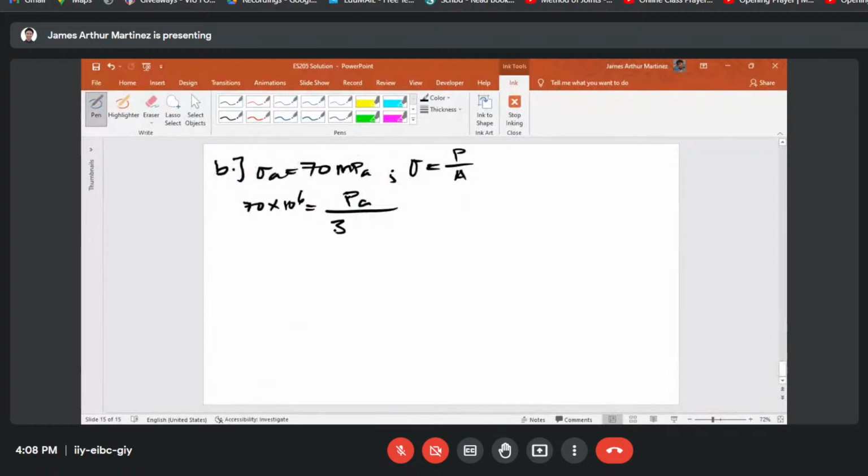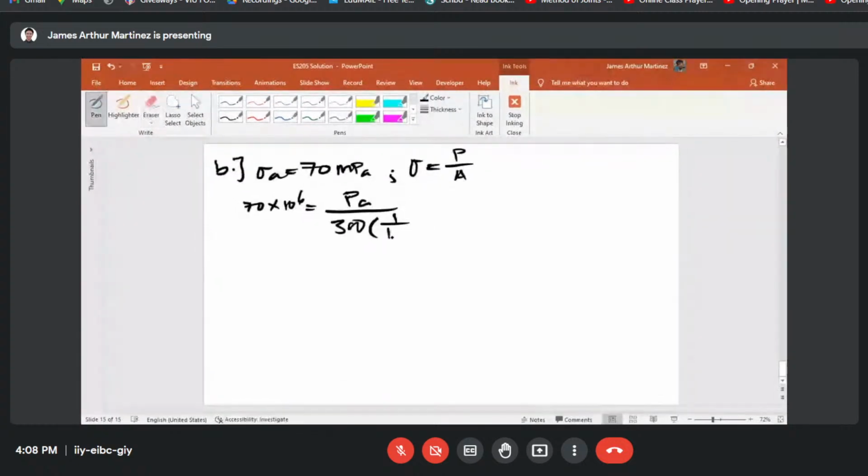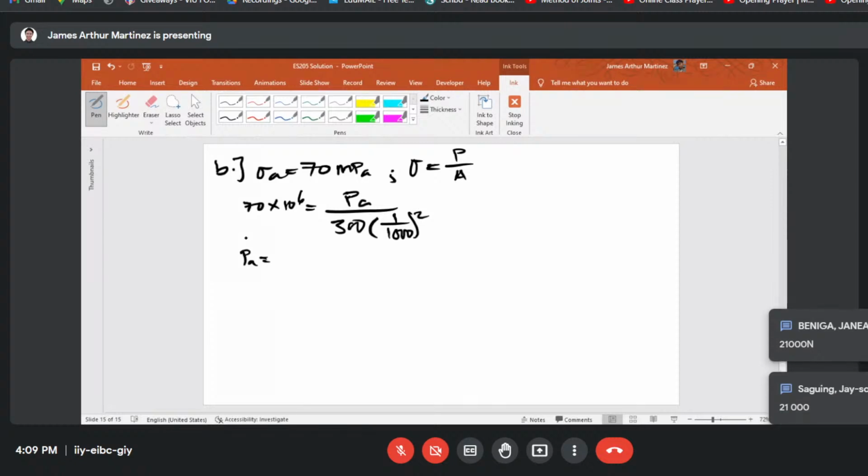So we are to convert it to meters squared. So we get the allowable internal reaction of aluminum. And how much is this? Times 300 times the conversion factor squared, you have 21,000.